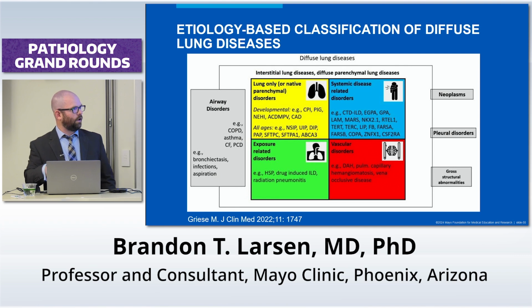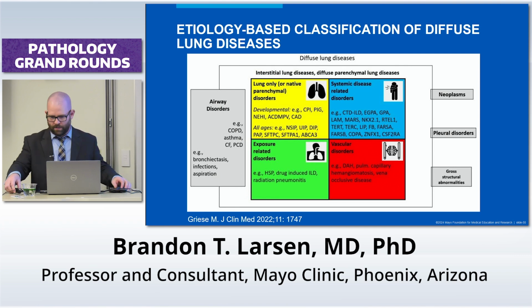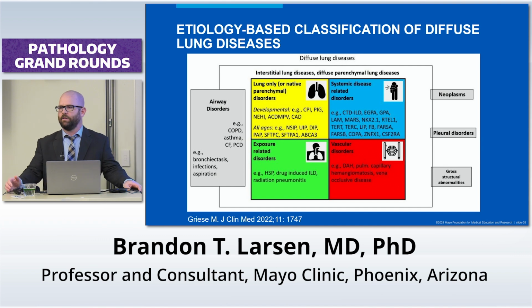There's a whole host of things that I think might be better thought of in these kinds of etiologic categories, because that tells you more about the underlying biology that's causing the pathology. And if we understand the underlying biology, then maybe we can target the underlying biology better.